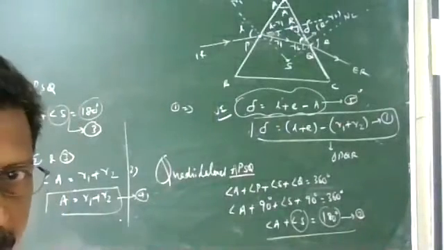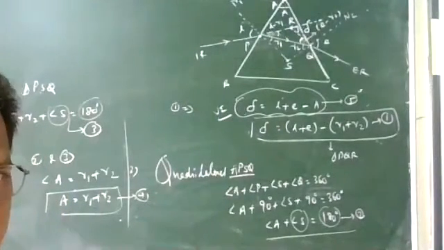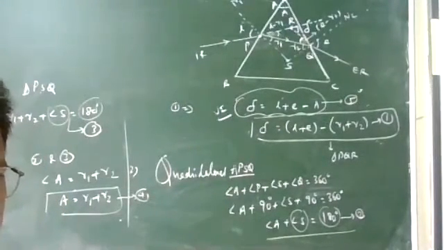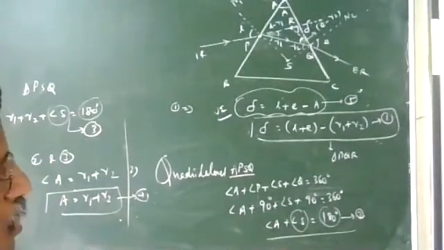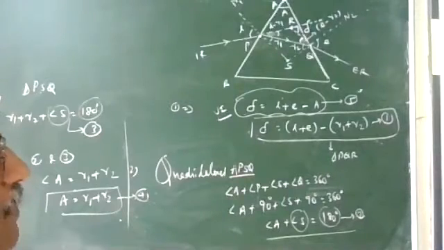So you can calculate the angular deviation as the angle of incidence changes. If you change the angle of incidence, angular deviation also will change, because the equation is delta equal to I plus E, so it depends upon the angle of incidence. You take the angle of incidence 30 degrees, 35, 40, 45, 60, 65.